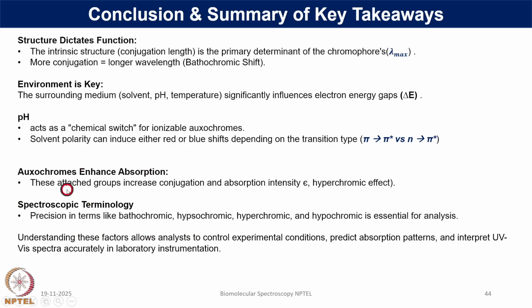These are essential, and these are the terminologies that you need to remember. Understanding these factors allows analysts to control the experimental conditions, predict what absorption is going to happen, and interpret the UV-visible spectra accurately for laboratory instruments or applications in various fields: environment, biology, chemistry, dye, textile industry, forensic science, and so on and so forth.